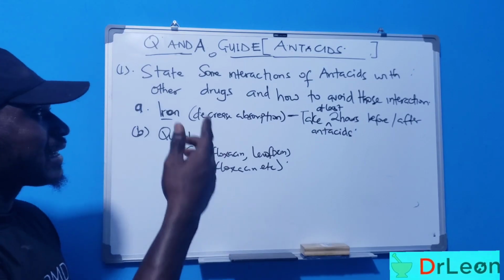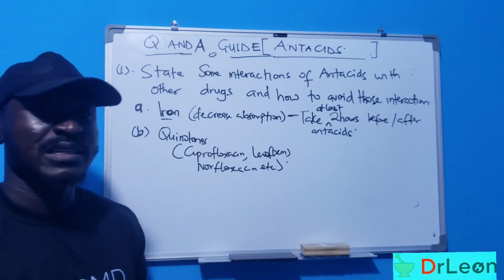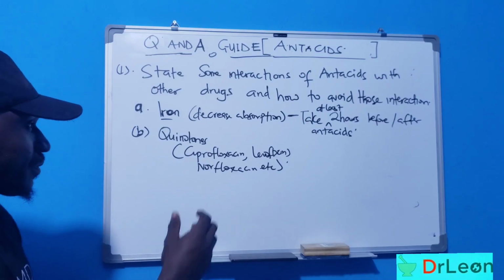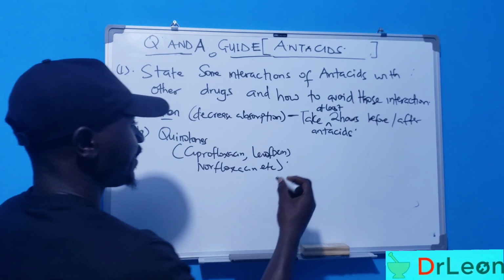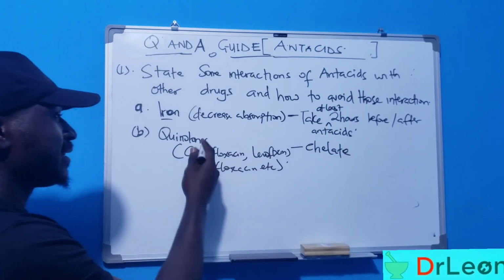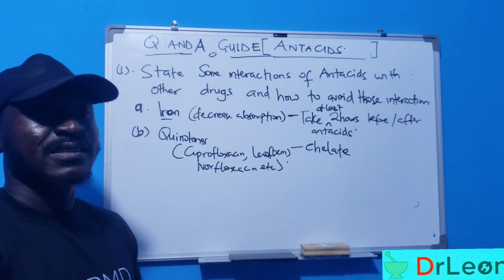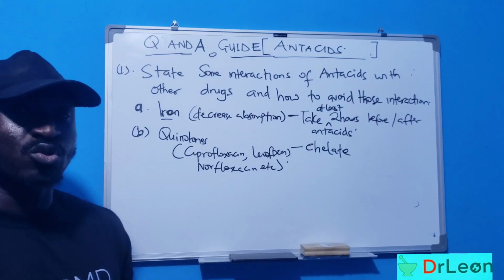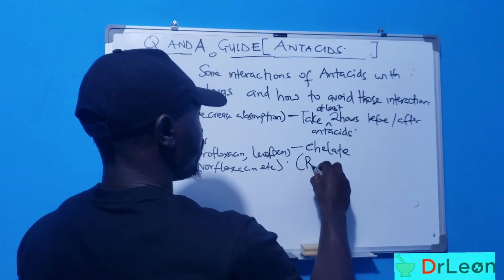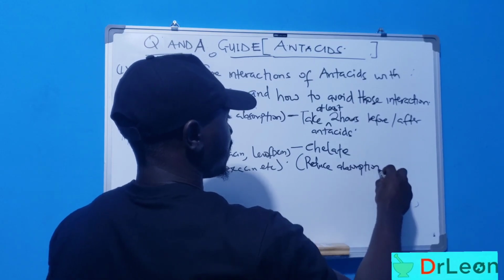So when you take antacid and quinolones together, this multivalent ion, whether magnesium, aluminium, or calcium, forms a chelate with the quinolone, and this chelate is non-absorbable. It's very difficult to be absorbed in the body. So the interaction here is also reduced absorption of the quinolones.